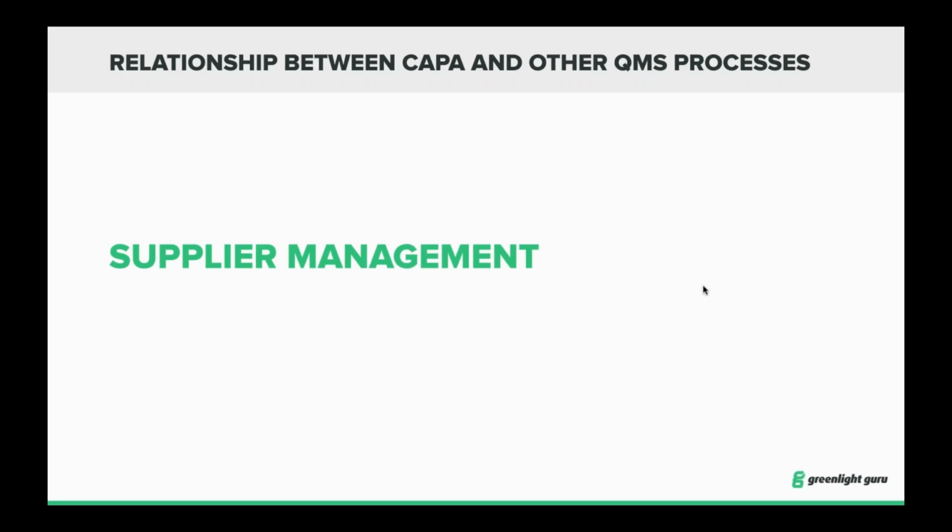We should have robust supplier management practices in place so that we're effectively evaluating, qualifying, and monitoring ongoing supplier performance. And there will be things that happen in the relationship with your supplier. Maybe what you received from your supplier was the wrong part. Well, if that happens one time, does that necessarily mean that you need to issue a supplier corrective action? Maybe not. But if this becomes a theme or a trend or something that happens over and over again, then that might be the opportunity to initiate a supplier-related CAPA item.